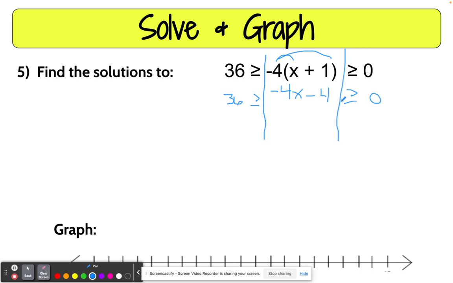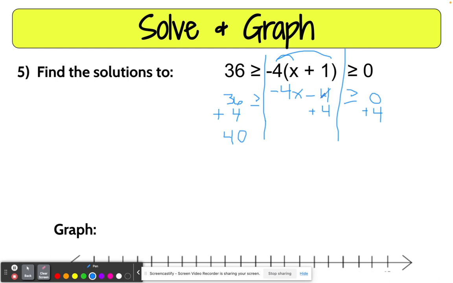Next step, let's add 4 to all parts. I'm adding 4 here, which means I'm adding 4 over here on the right, and I'm also adding 4 on the left. So now I have 40 on the left.